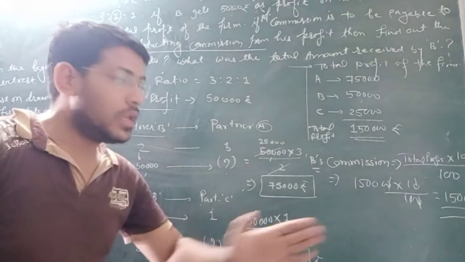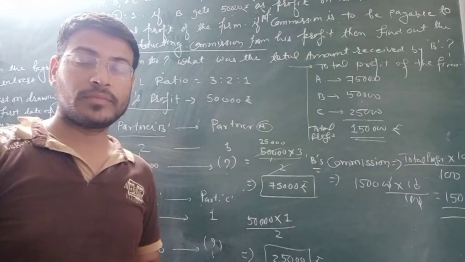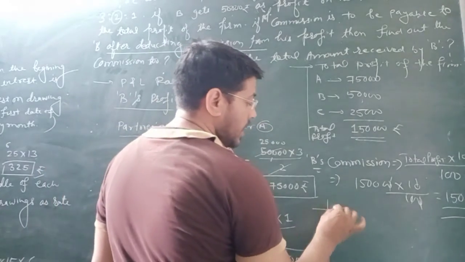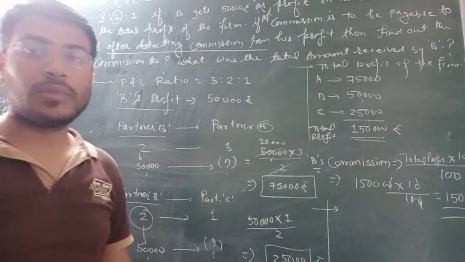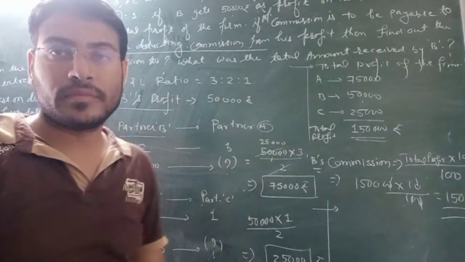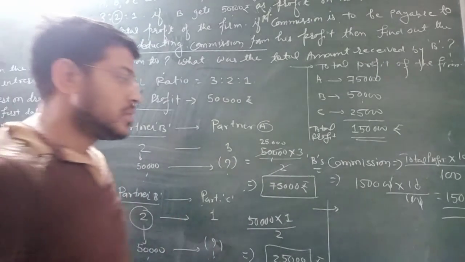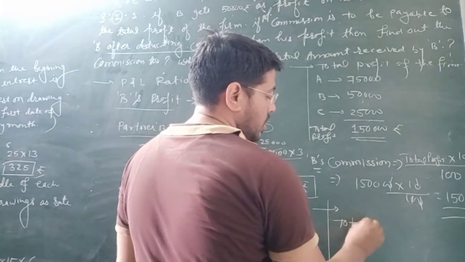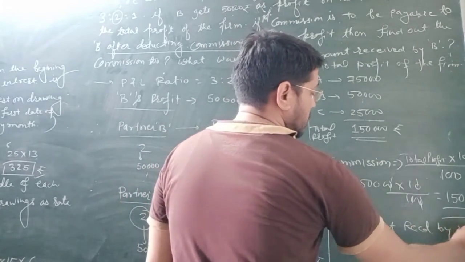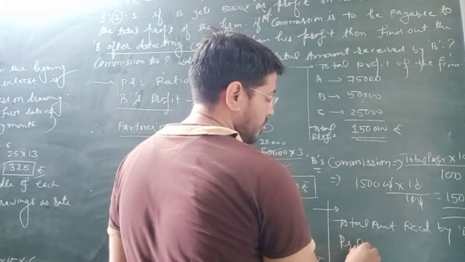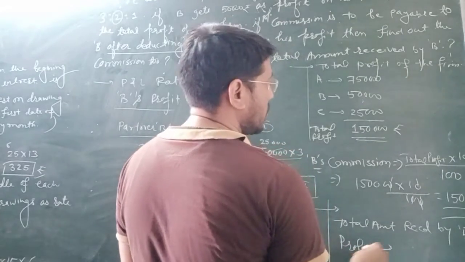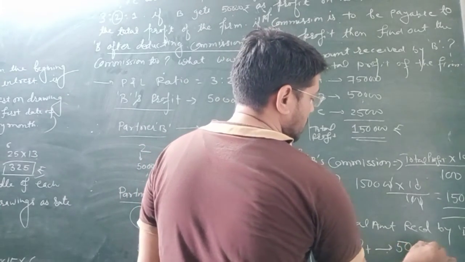Now still our question is not over. What is to be said after that? It is asked: what was the total amount received by B? So first of all he gets profit. How much profit did he get? He got a profit of 50,000.